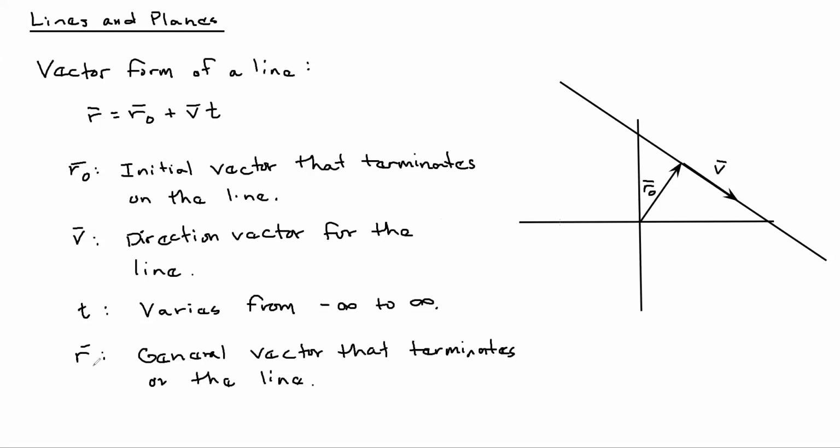And then the way that r works here is that you start off with r naught and then add multiples of v. What do you end up getting if you do that? Well, if you recall our addition definition for vectors, then r naught plus v would be this vector here.